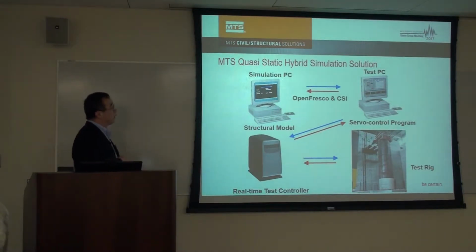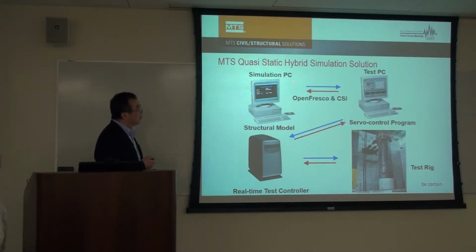So in this solution, you need to have a computer to do the calculation, the FEA simulation. This FEA software could be in the test computer as well, so these two can be the same computer.